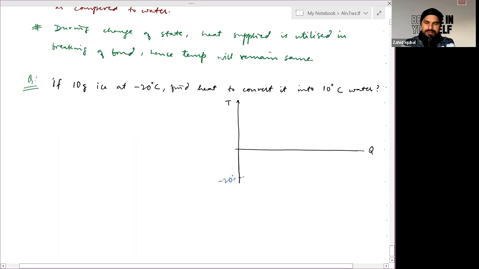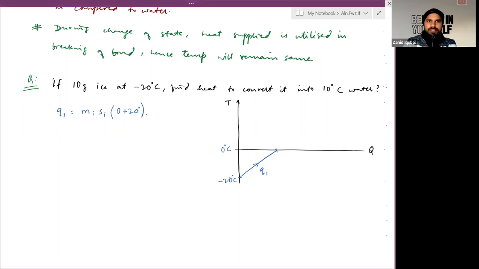It first requires this amount of heat to change its temperature from minus 20 degrees Celsius to reach 0 degrees Celsius. Let's say this is Q1. So Q1 will be mass of ice times specific heat capacity of ice times change in temperature, final temperature minus initial temperature.